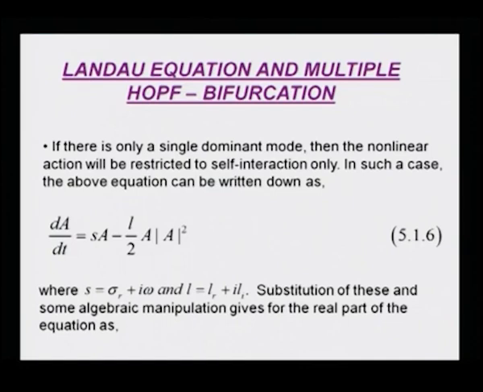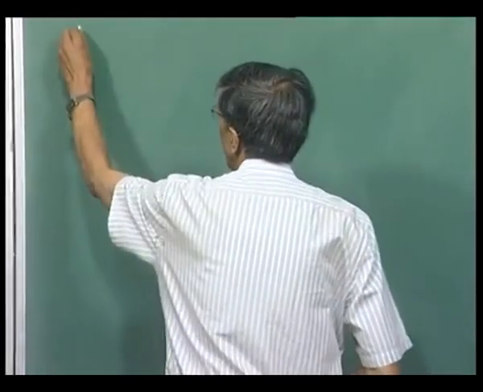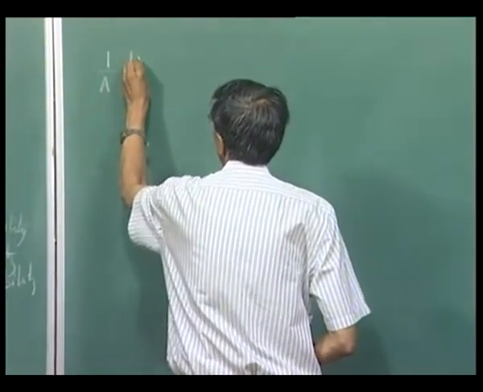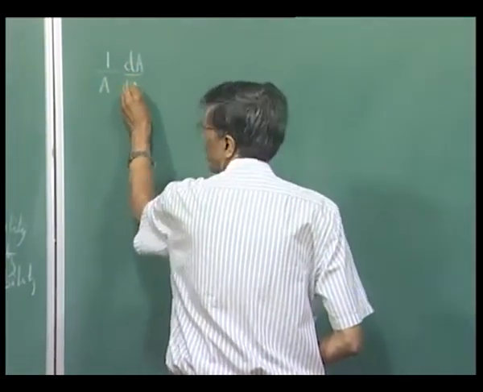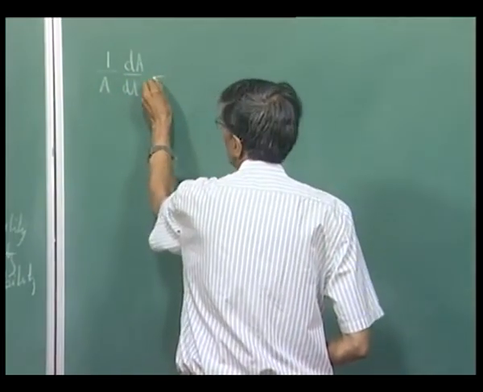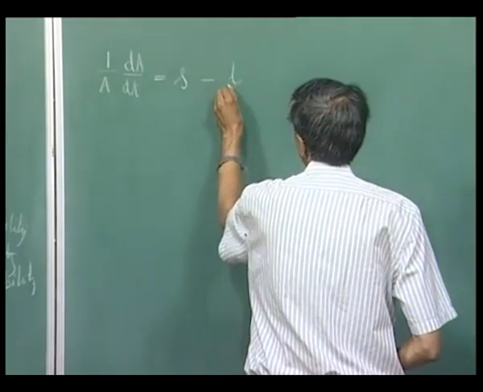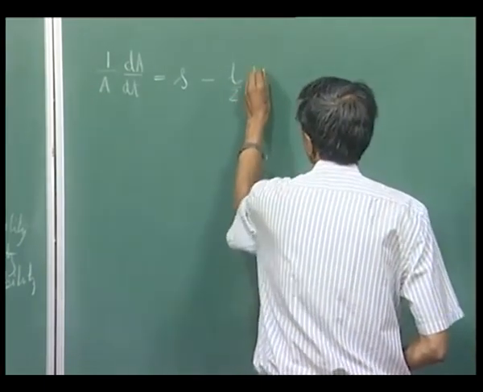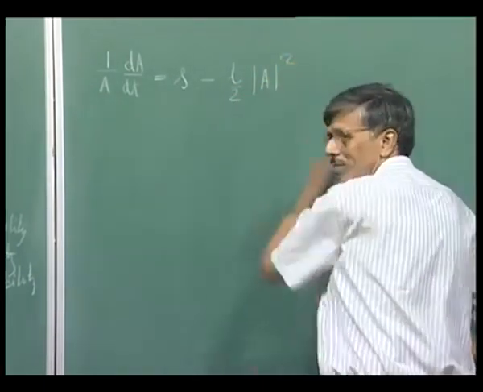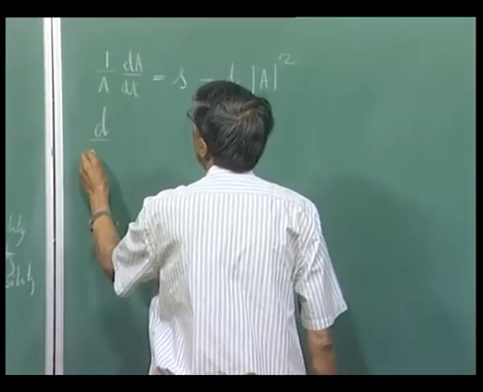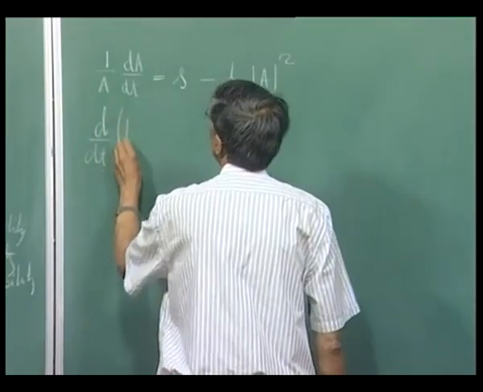Now, what I could do is take a look at that equation. If I divide both sides by A, then I get 1 upon A dA/dt should be equal to S minus L by 2 times mod A squared. Okay, so this also could be written down in this form.